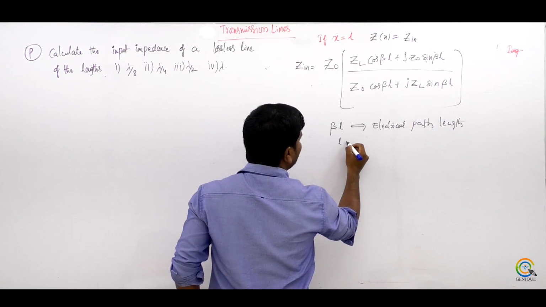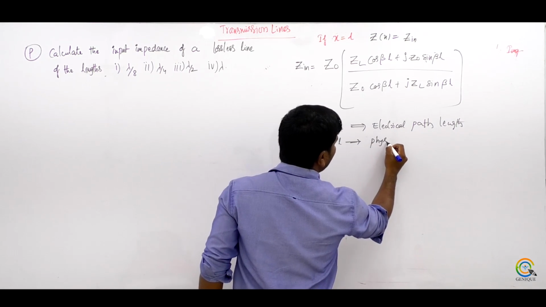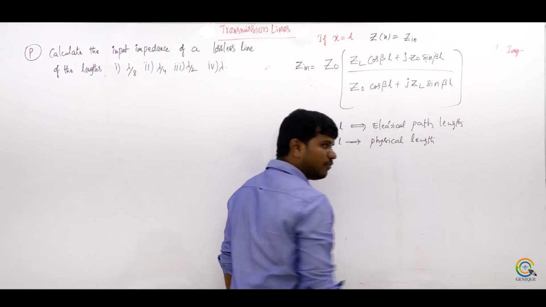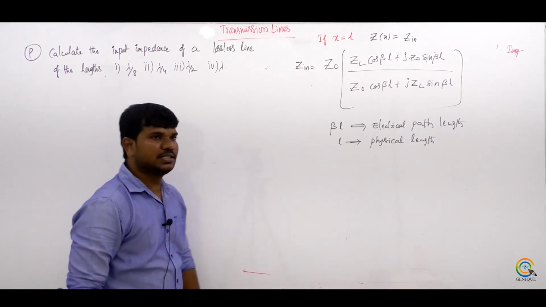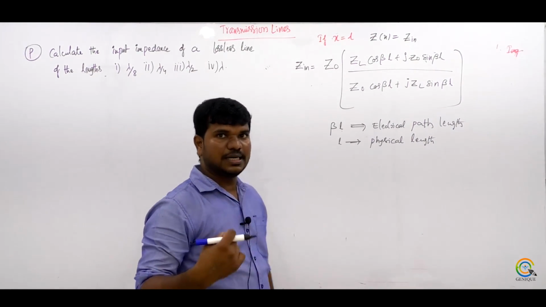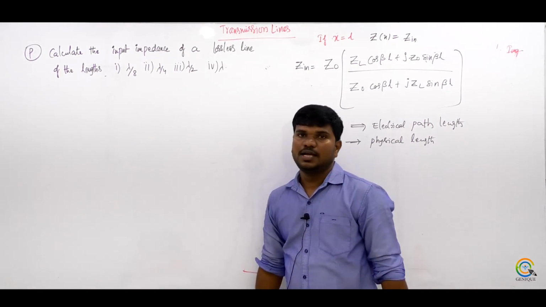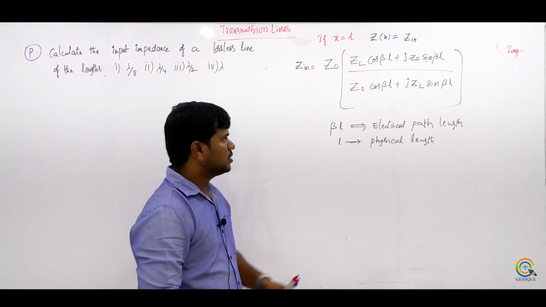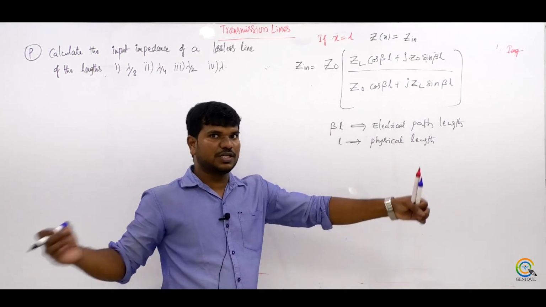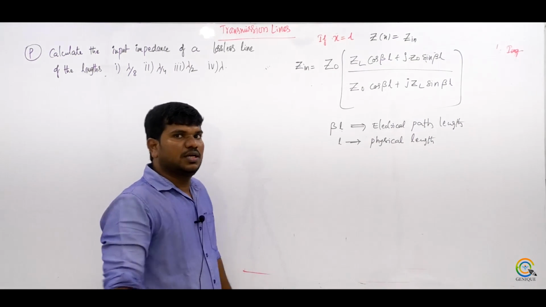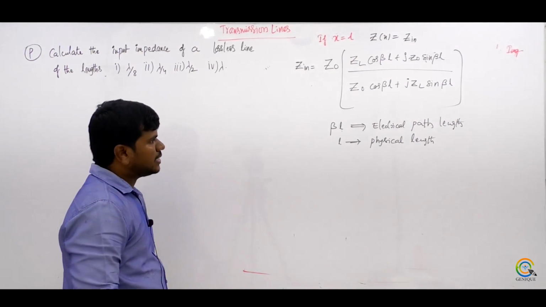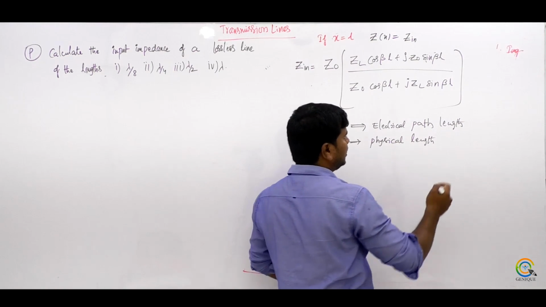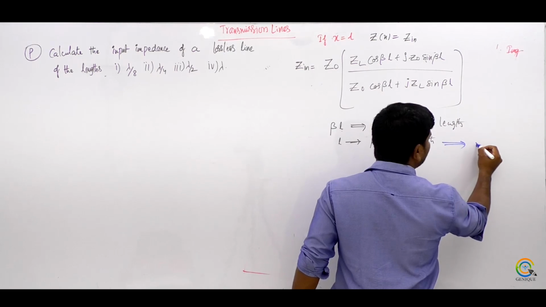Now come to the first one. Here L is a physical length. Already the length is represented in terms of wavelengths. It is our tradition to represent the length of any line or any antenna in terms of the wavelengths. So L is called the physical length, with units of meters. Beta L is 2 pi by lambda into L, so the distance gets cancelled and you get radians.